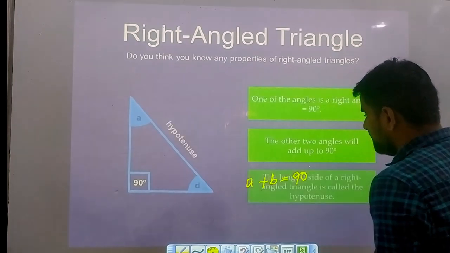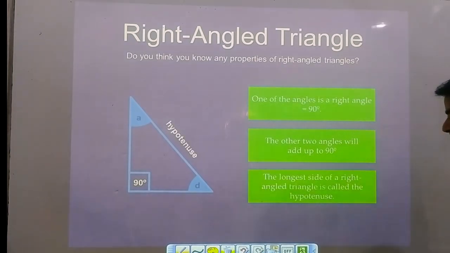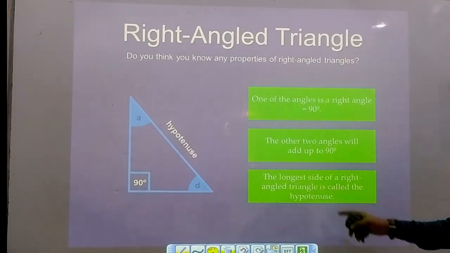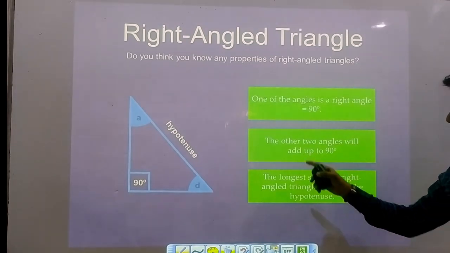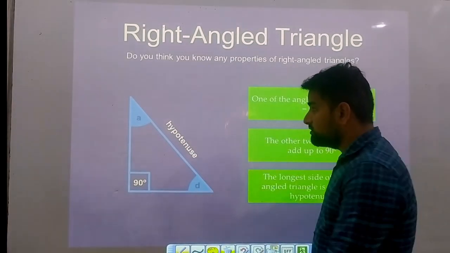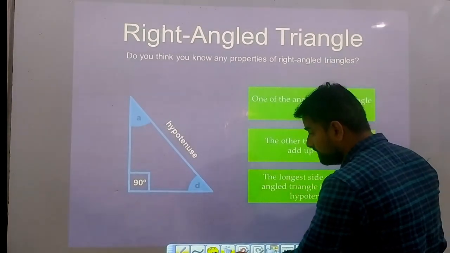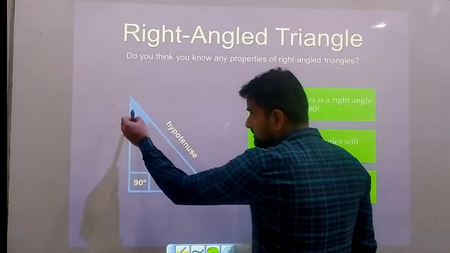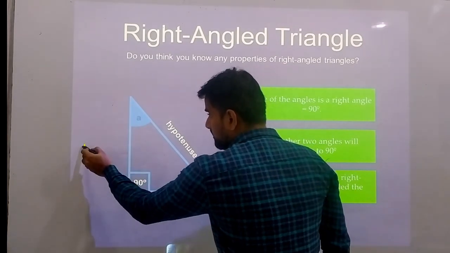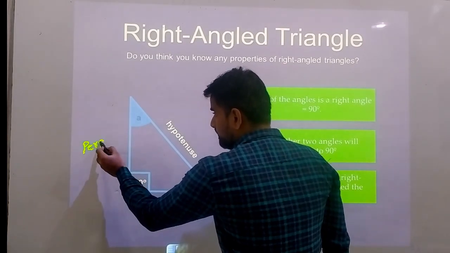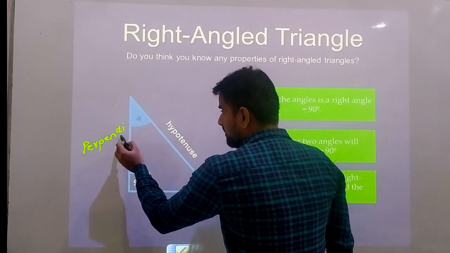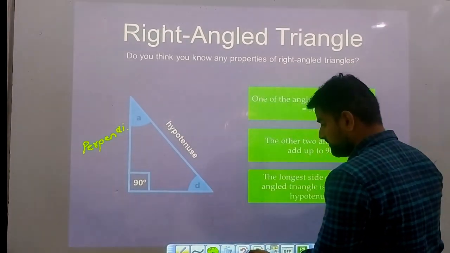Alright, let's move ahead and let's know the third and last feature. The longest side of a right angle triangle is always called the hypotenuse. Alright, so this side is the longest side, it is called the hypotenuse. And for your kind information, this side is called the perpendicular.